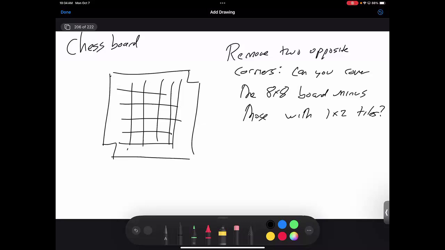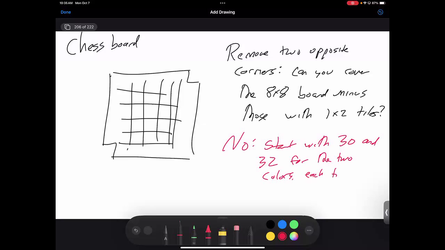So you start with 30 and 32 for the 2 colors. Each tile removes 1 of each.